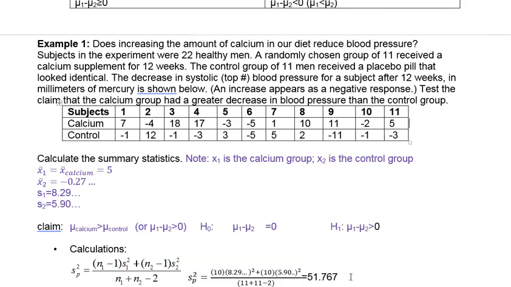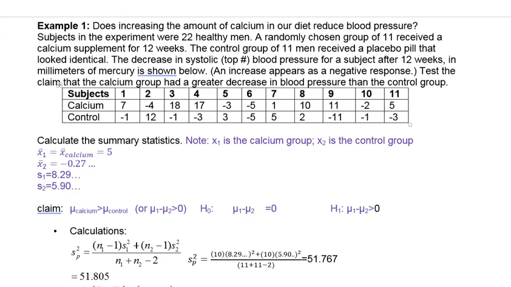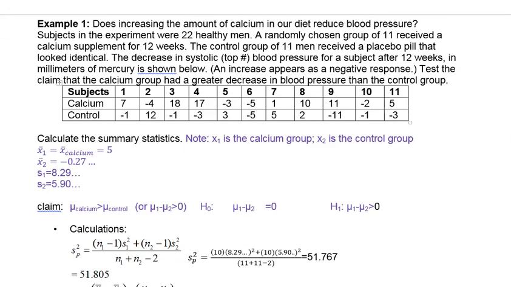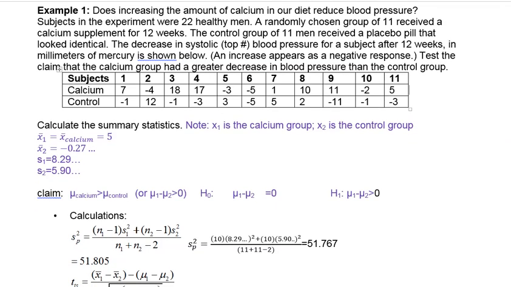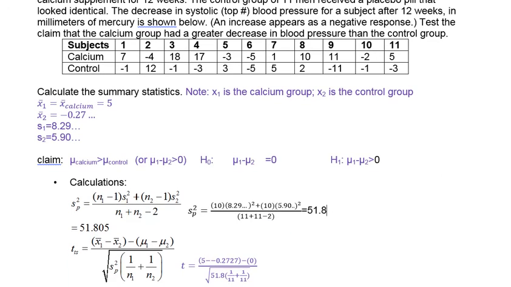Plug in those values, and we end up with a pooled variance estimator of 51... oh dear, I have two different values there. Is it 51.8? This is a mistake, so let's fix that. So we plug that into our calculation.